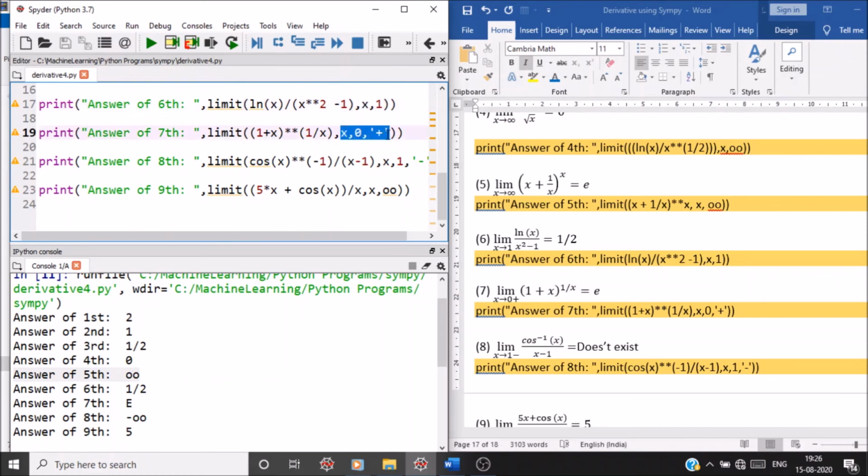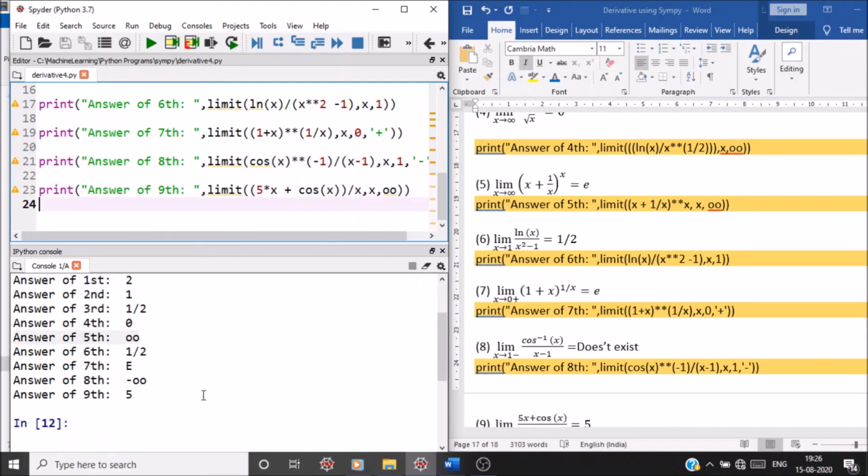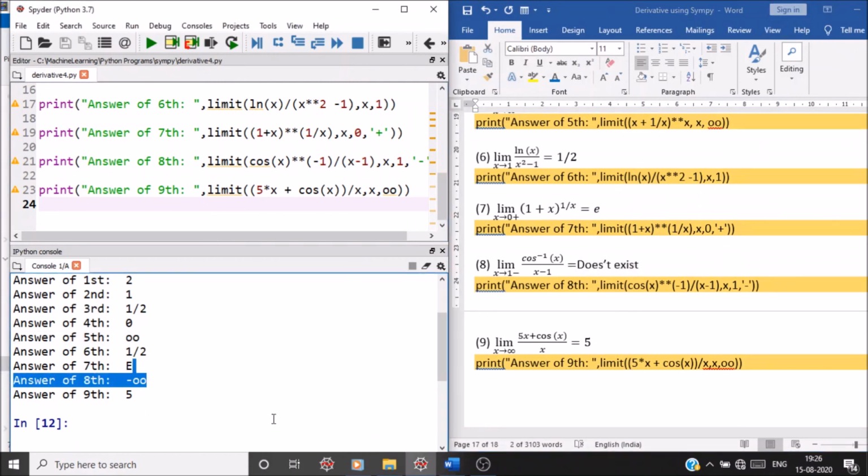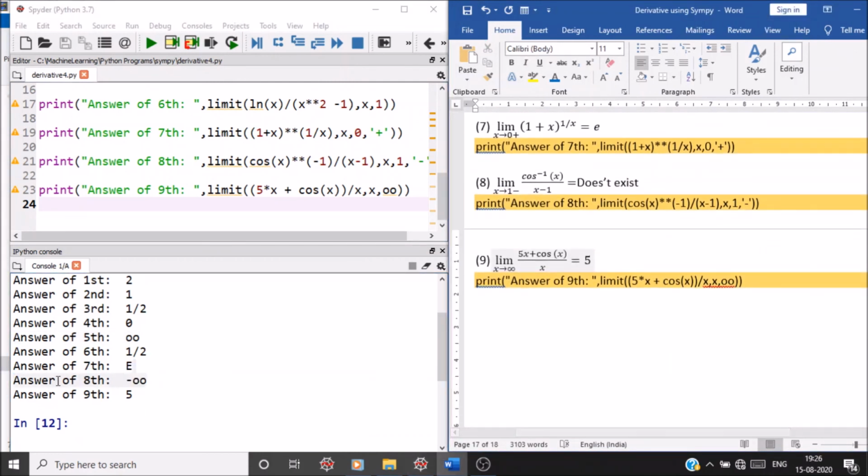Here x tends to 0 plus, here x tends to 1, x tends to 1 minus, and here x tends to infinity. We can see the different results. At the eighth it doesn't exist. Here the output is minus infinity. And for the last case, the output is 5.